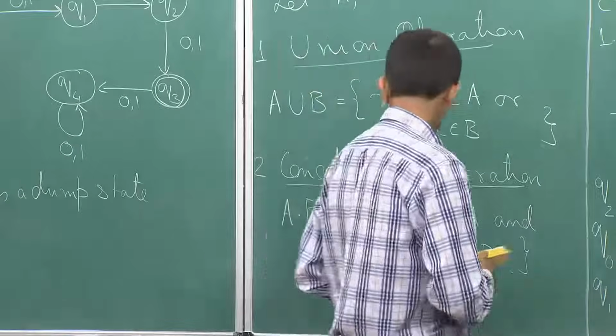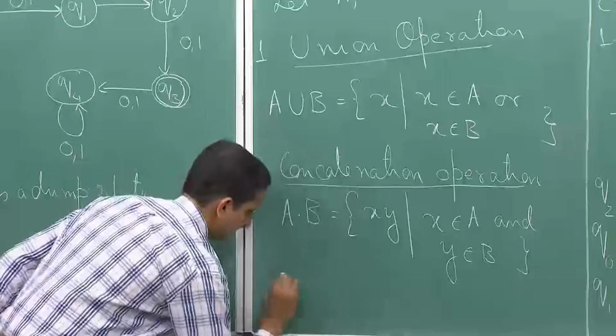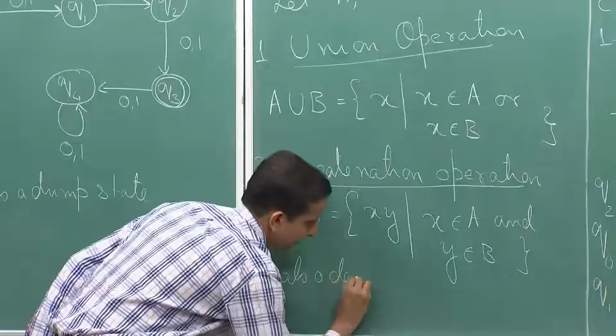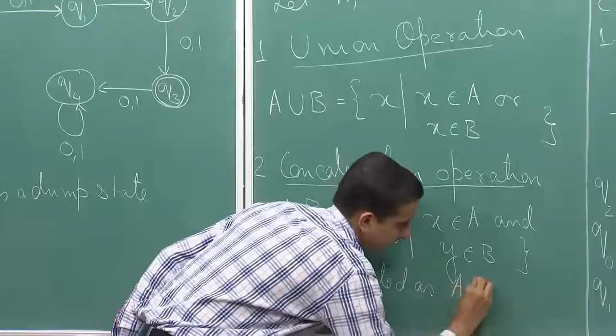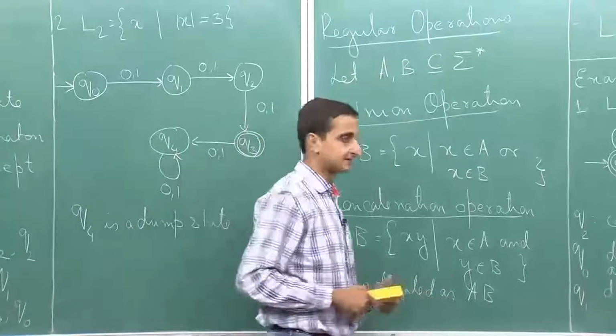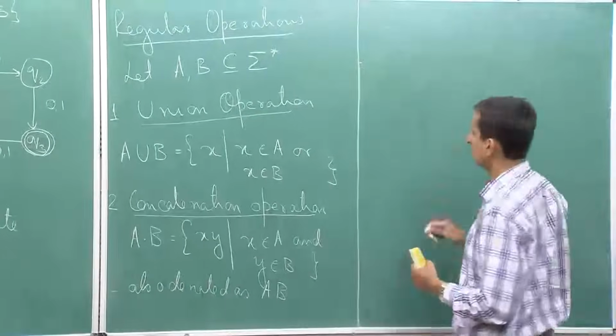Okay. So, this operation of concatenation is often also denoted as just AB. So, we just drop this dot in the middle and we just write it as AB. So, as a small example, let us look at this.